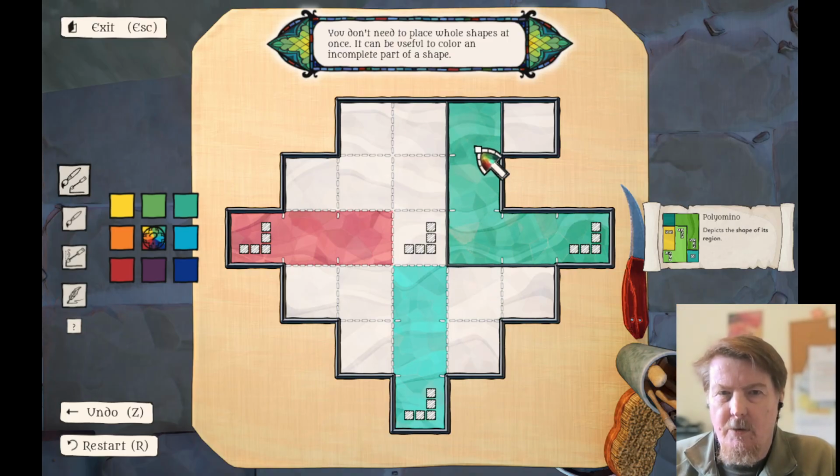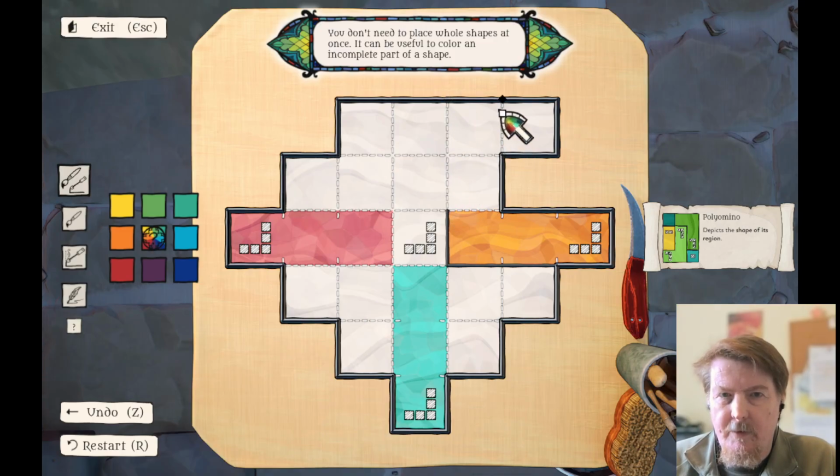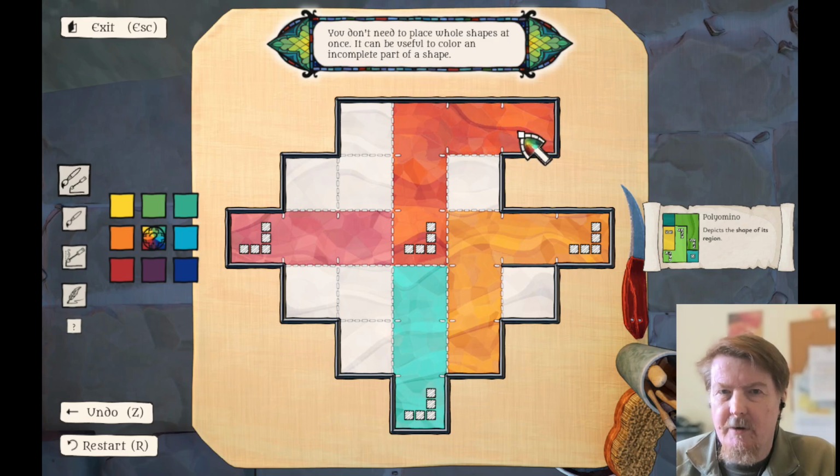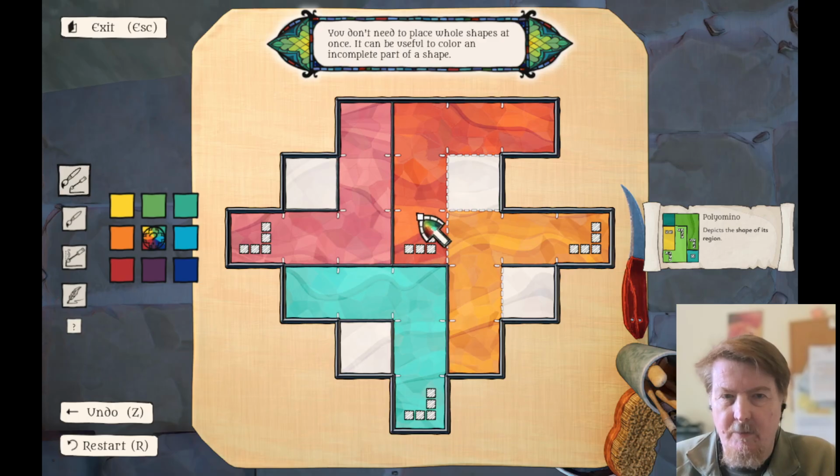I see. So actually I shouldn't have finished that one off because it could of course go down, and I think it may well have to go down, so I can push that one up, that one across.